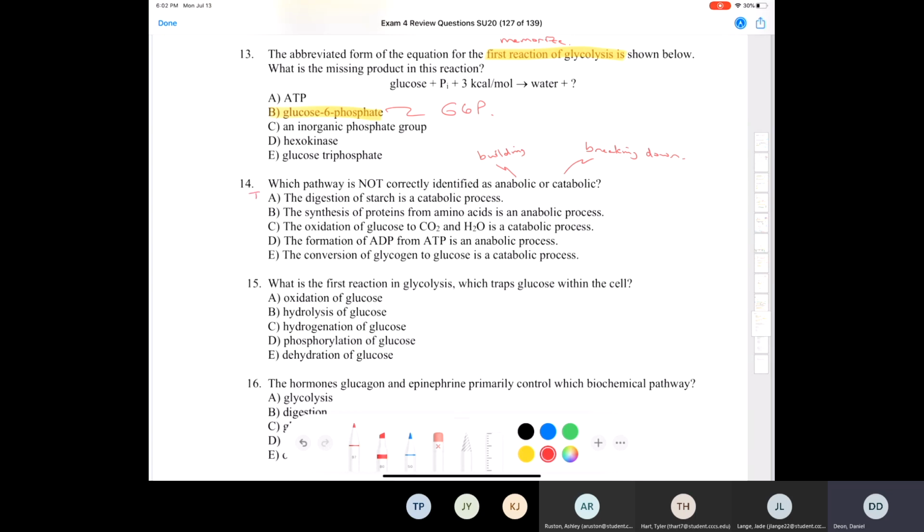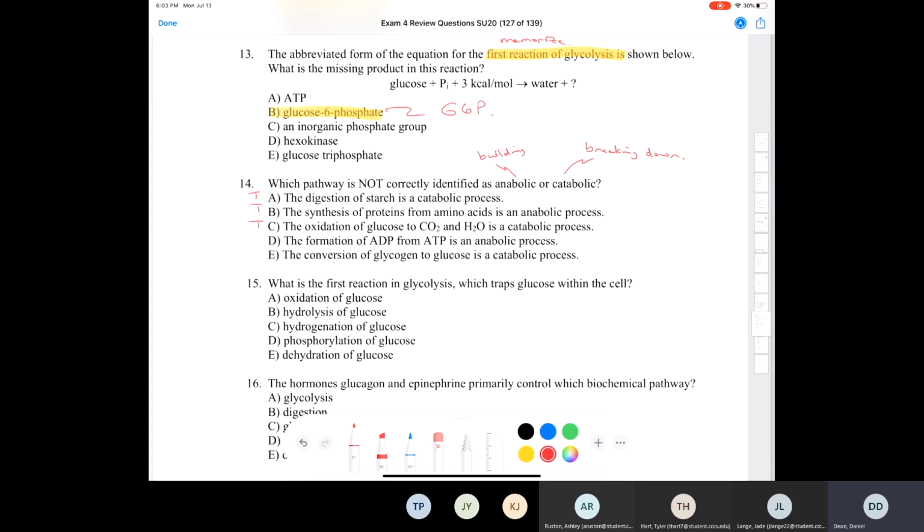Because digestion is breaking down. B says the synthesis, so the building of proteins from amino acids, is anabolic. That is also true. C says the oxidation of glucose to CO2 and water is a catabolic process, right? That's basically burning it, right? We basically burn glucose in our bodies. So that is catabolism. That is a catabolic process.